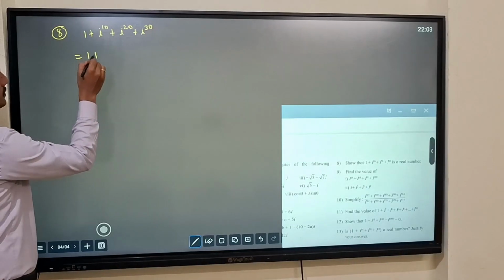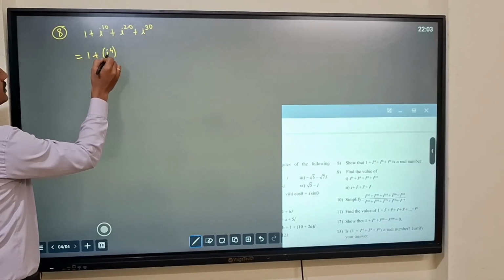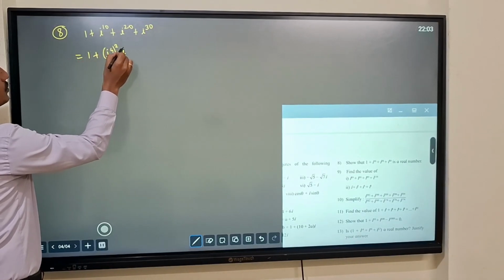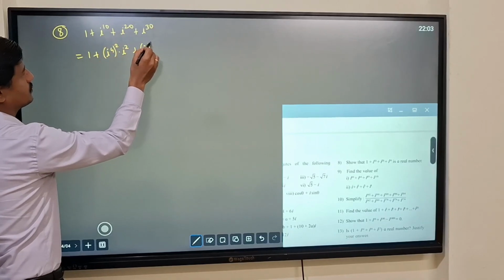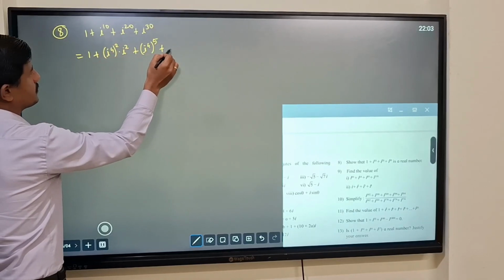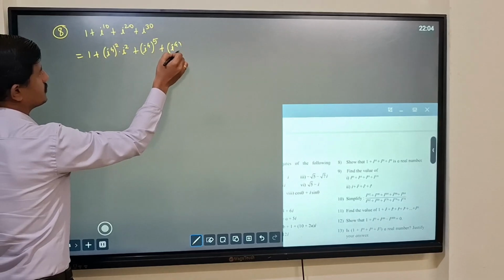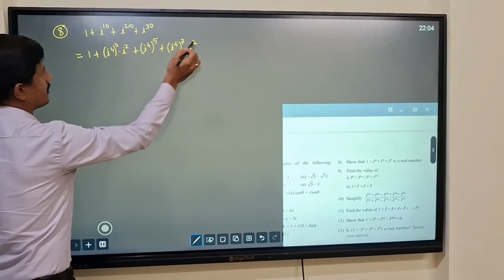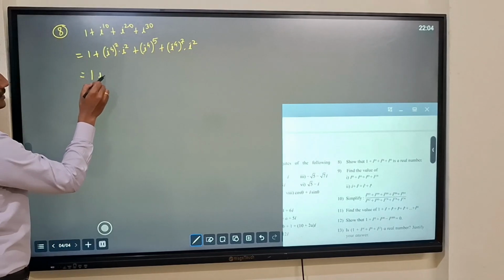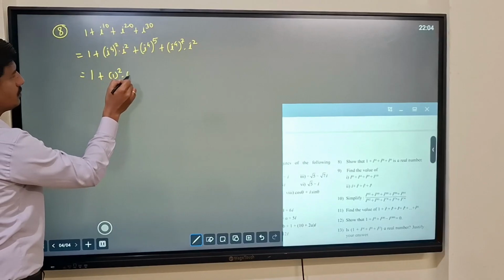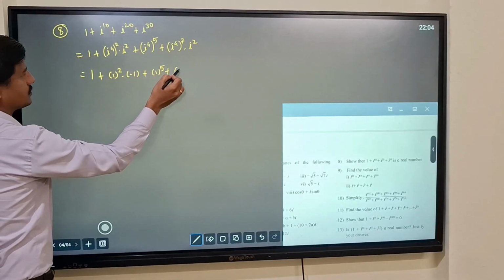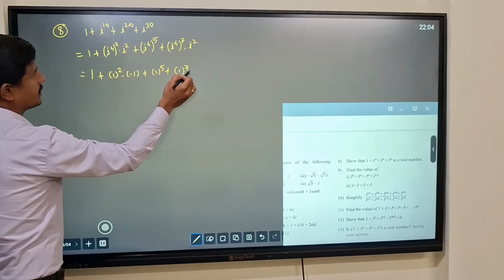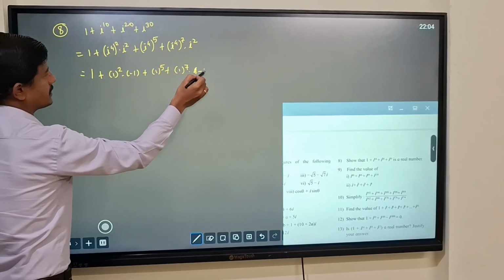Now see, this is 1 plus i raised to 4 raised to 2 into i square, plus i raised to 4 raised to 5, plus i raised to 4 raised to 7 into i square. 1 plus 1 square into -1 plus 1 raised to 5 plus 1 raised to 7 into -1.